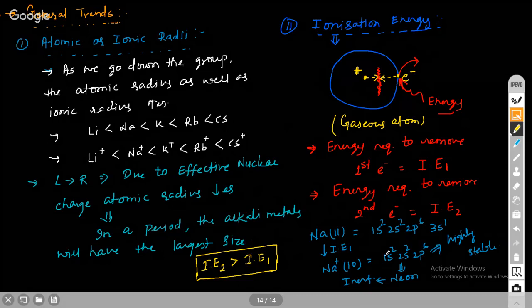You have to supply a very high amount of energy for this. That's why IE2 is greater than IE1. Is it clear? Understood? Tell me. Yes.